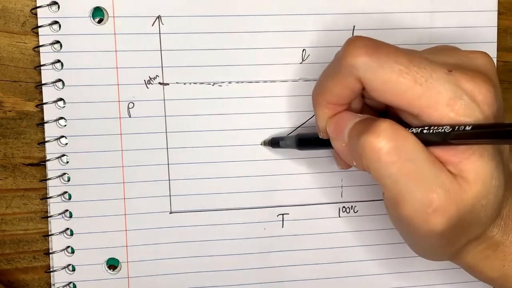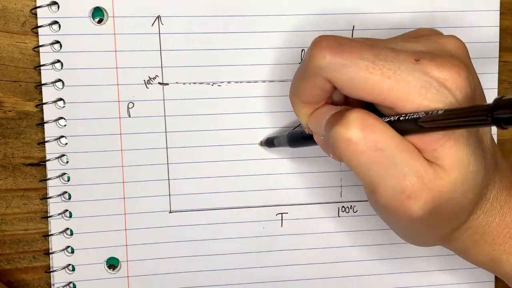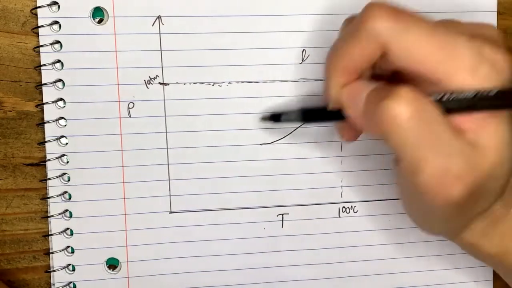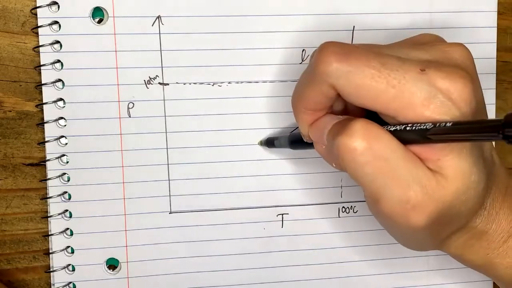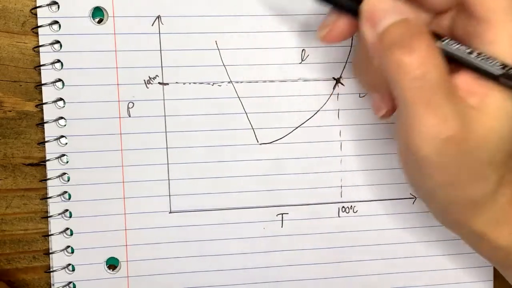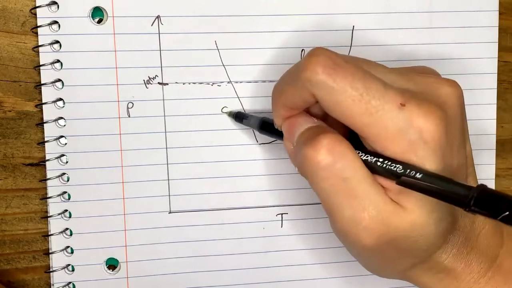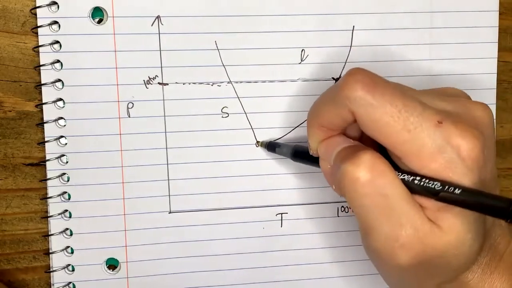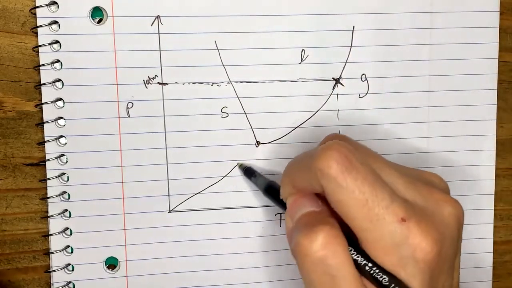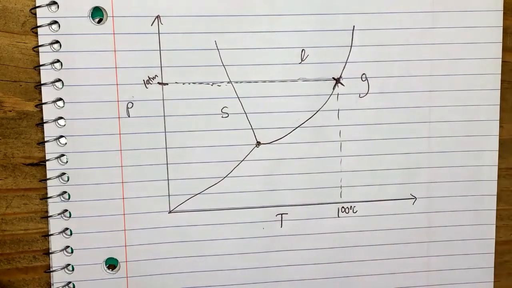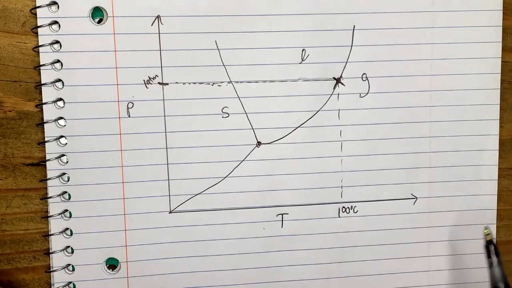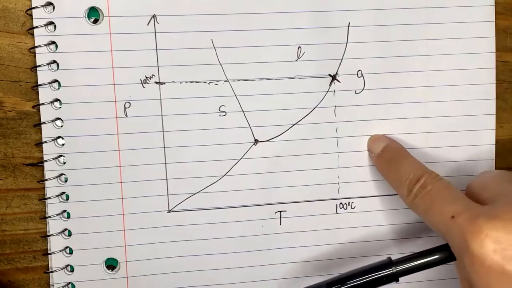And then you have another line that divides solid and liquid, and then another line dividing solid and gas. So that's what the phase diagram looks like. It tells you what region you're in. This region is the gas.